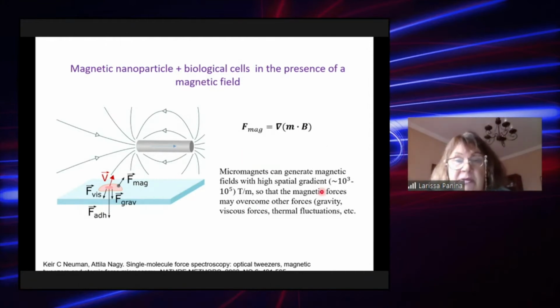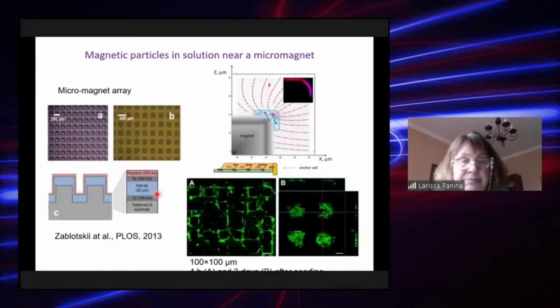So we need to realize gradients in the range of, say, up to 10 to 5 Tesla per meter. In this case, magnetic forces will be larger or comparable with other forces like viscosity, adhesion, and some other forces.